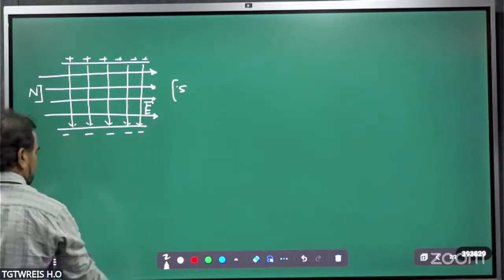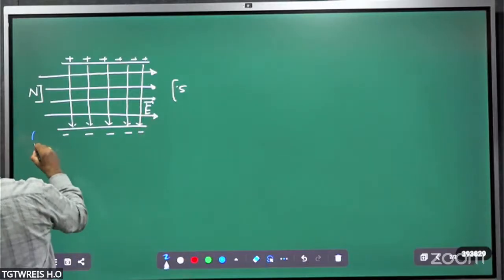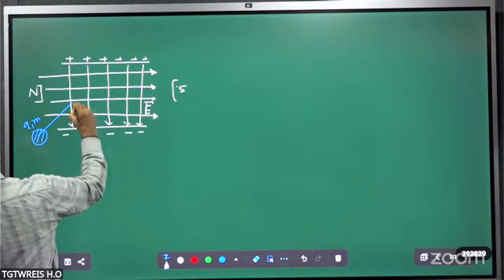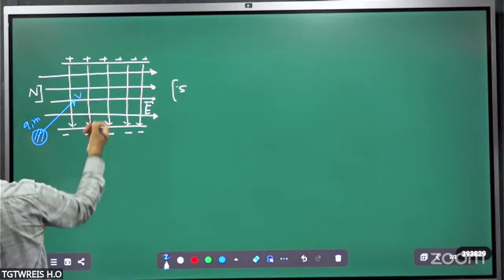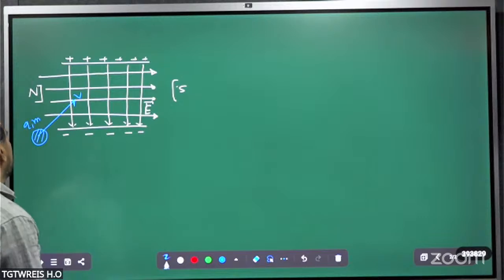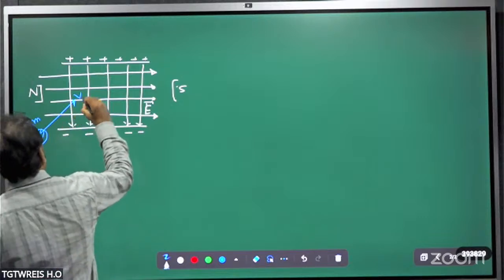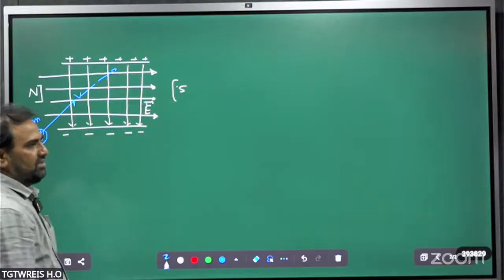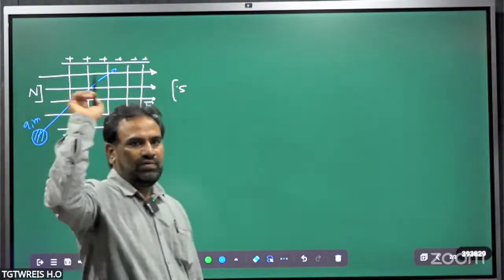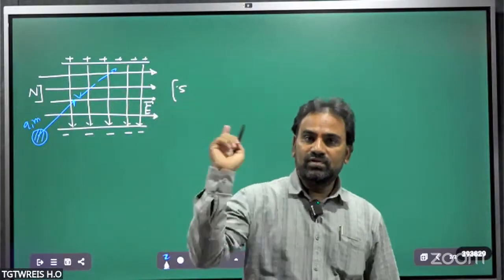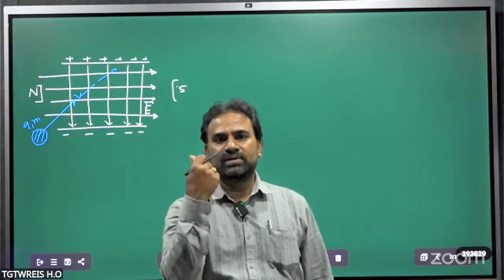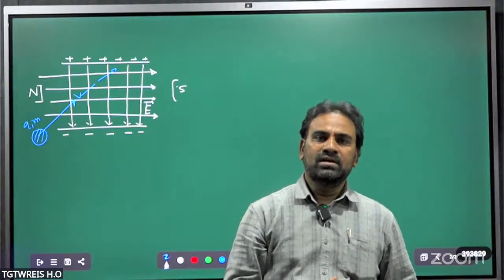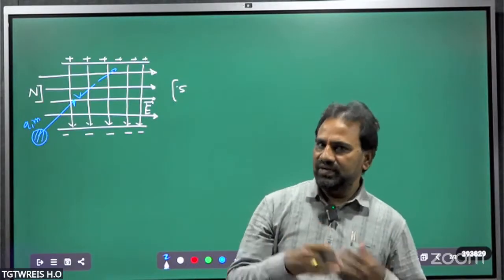When a charged particle of charge q and mass m is projected like this with a velocity v, if it is not deflected in any field direction, neither in the electric field direction nor the magnetic field direction, then what happens? The force due to the electric field on the charged particle is equal to the force due to the magnetic field, so the charged particle is not deflected in any field direction.